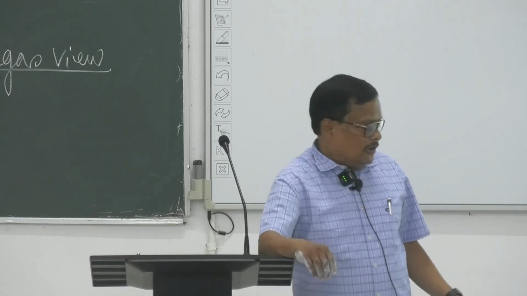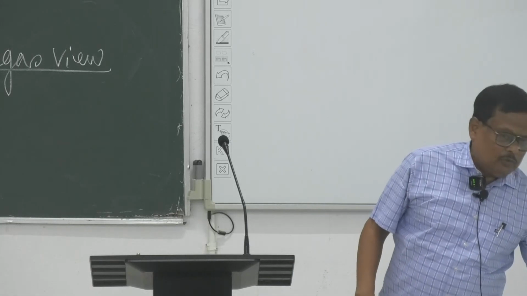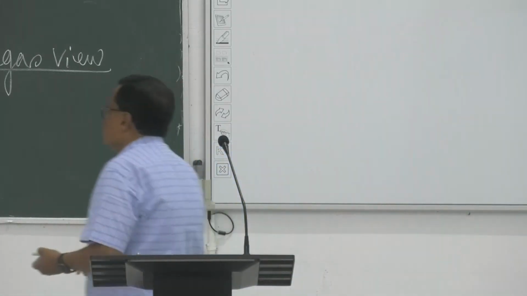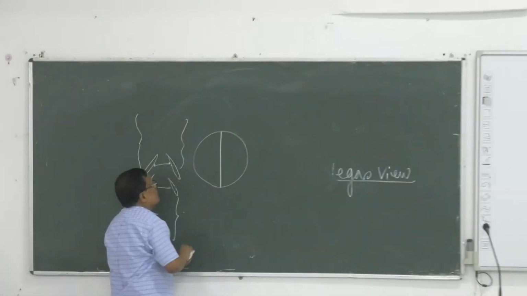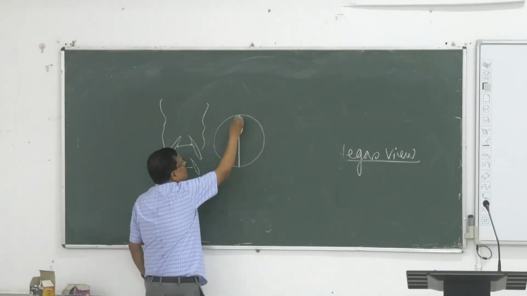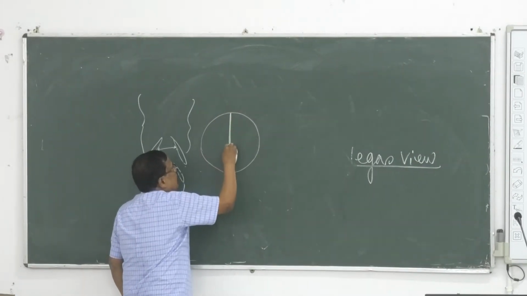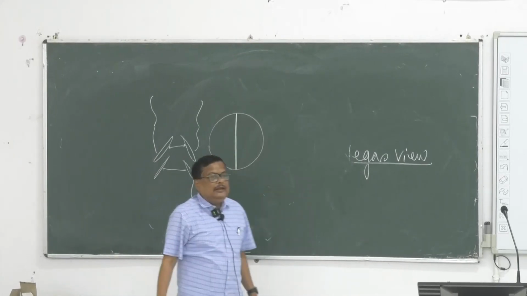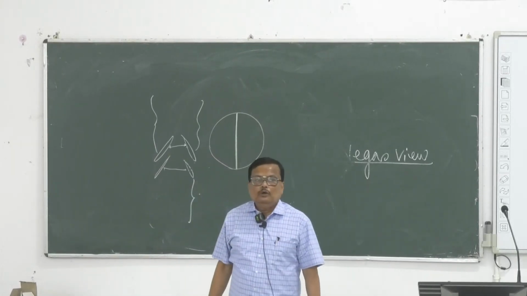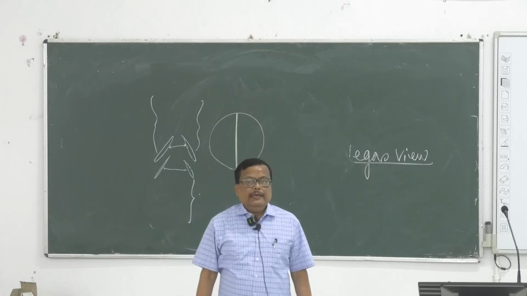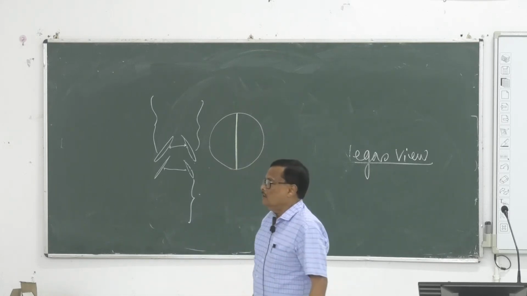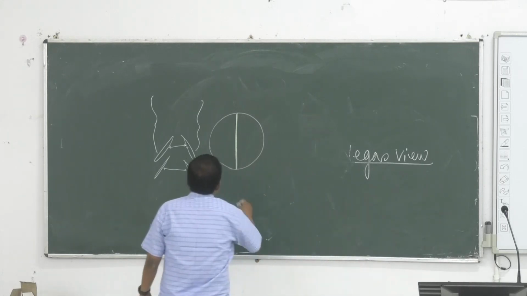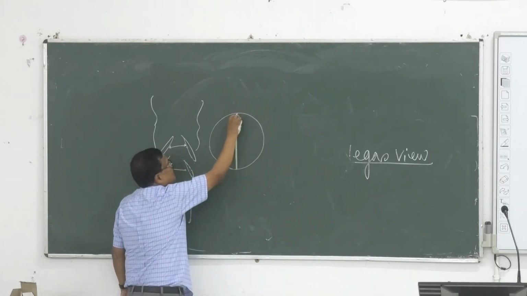Next is the different positions of the vocal fold. Normally, if the vocal fold remains in the midline, we call it median position of the vocal fold. We call median, M-E-D-I-A-N, N is for Netherlands.